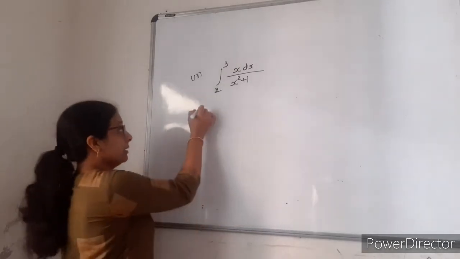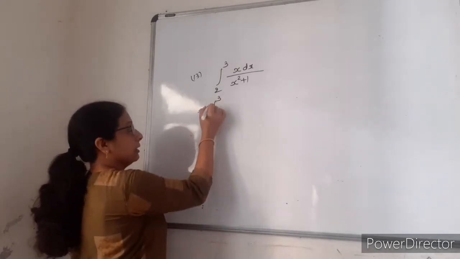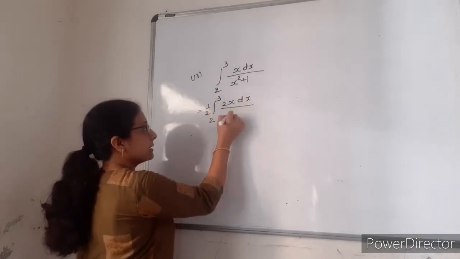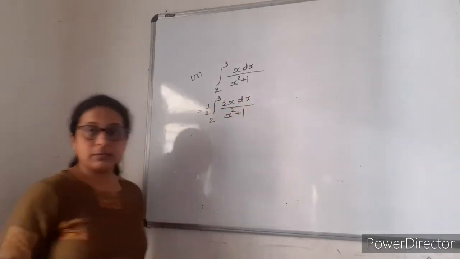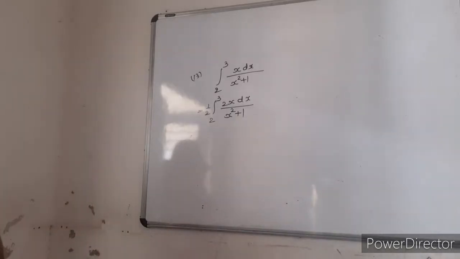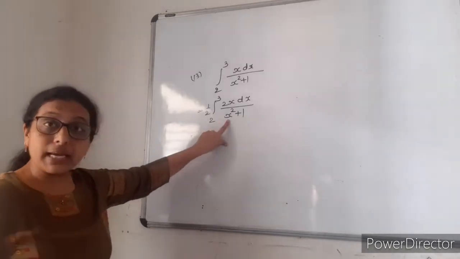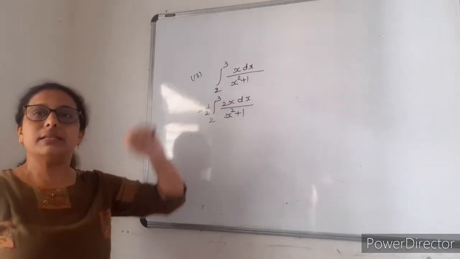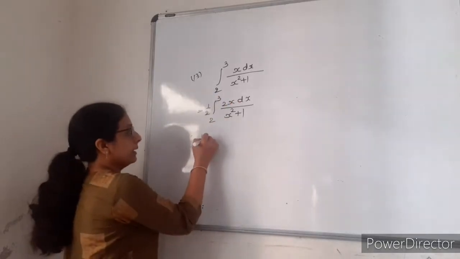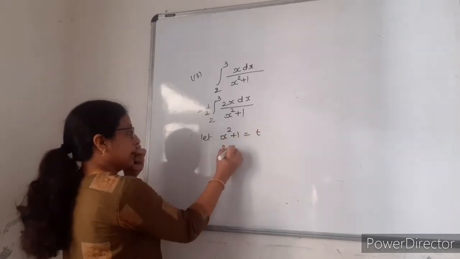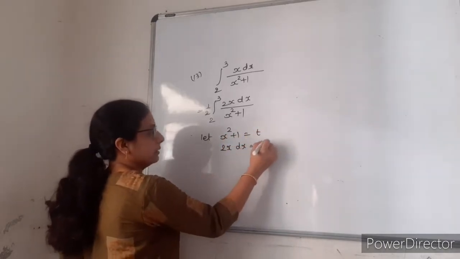That is 2 to 3, 1 by 2, 2x dx upon x square plus 1. If you take x square plus 1 as t, then 2x dx is dt. So let x square plus 1 be t, 2x dx be dt.